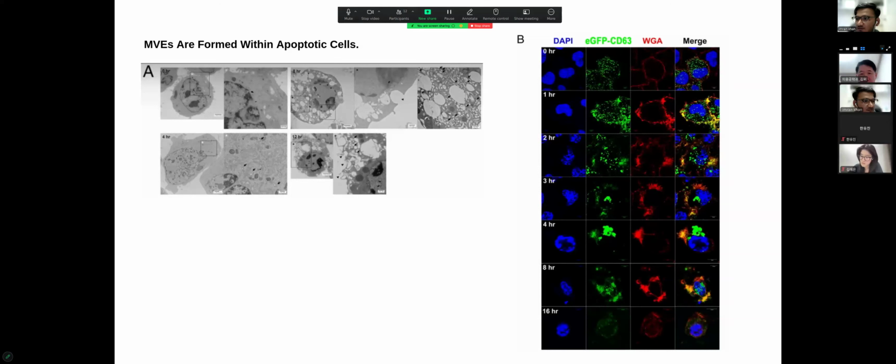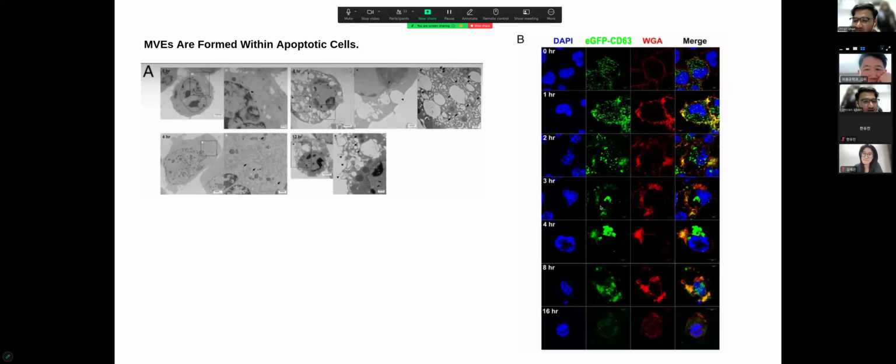Yeah. Okay, next. The exosomes express CD63, majorly CD63 at the membrane. So for the confocal microscopy, the cells expressing EGFP-CD63 were treated with staurosporine, and it was found that after 1 hour of the treatment, spindle-like filaments were formed from the membrane, which were co-localized with the CD63.